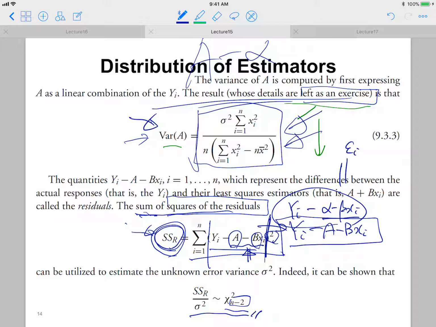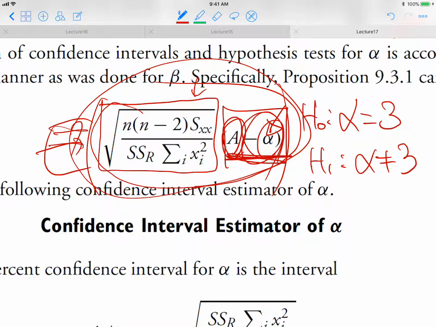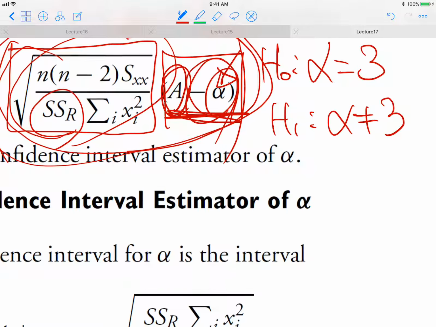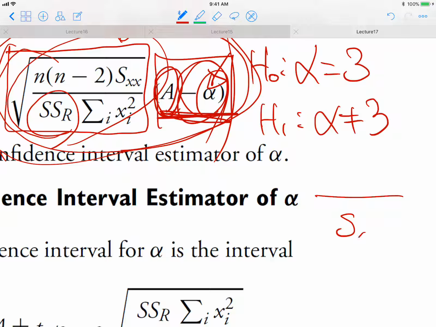So this one is now represented as SXX. It may be a little difficult to go from here to here, but instead we can represent this and plug in this SSR, which we obtained. What was it? It was something like SXX, and then SX.